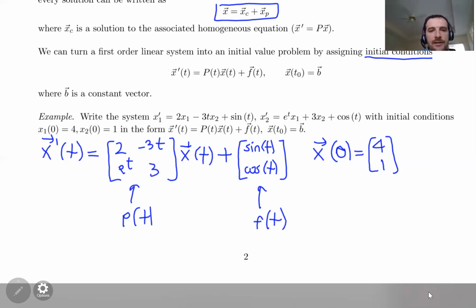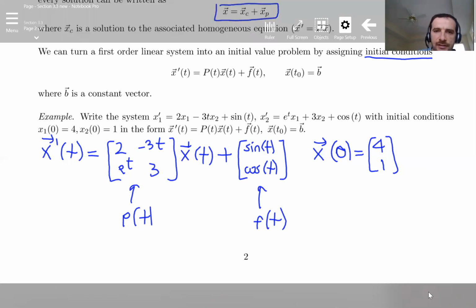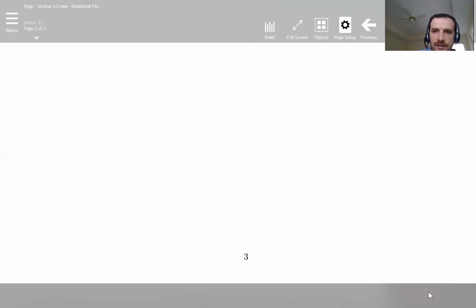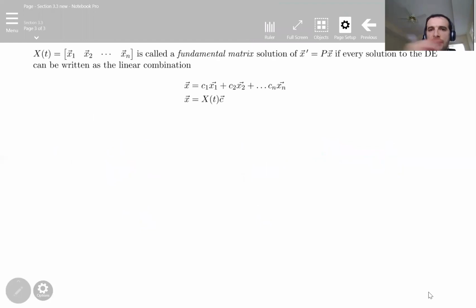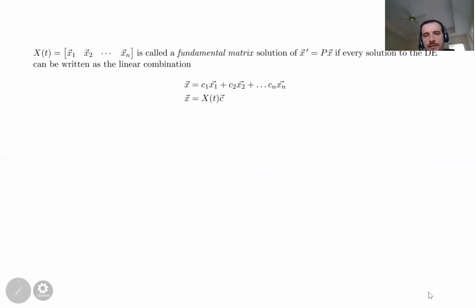Okay? All right. The one last thing from this section is similar again to the one equation case. Remember, in the one equation case, we had a fundamental solution of a differential equation. And similarly, we call this one the fundamental matrix solution, okay? Let's say we have x1, x2, and xn as solutions. And let's make a matrix with these vectors, okay? And let's say that capital X of t is that matrix.